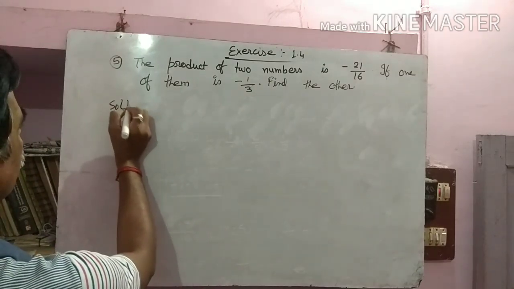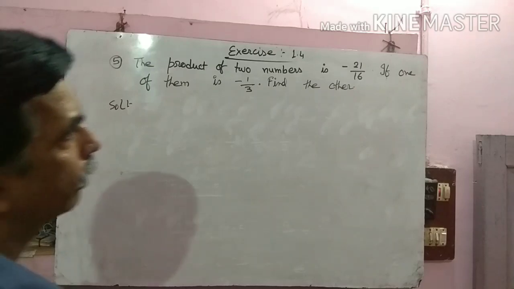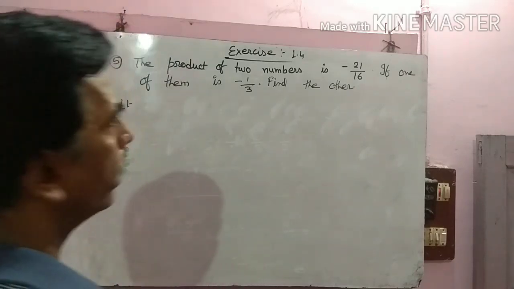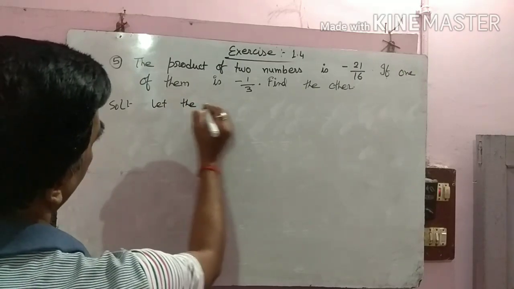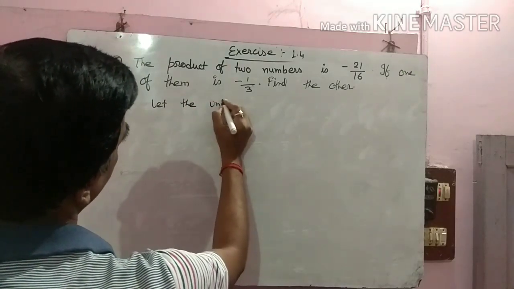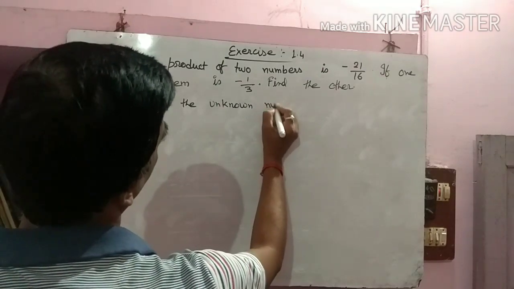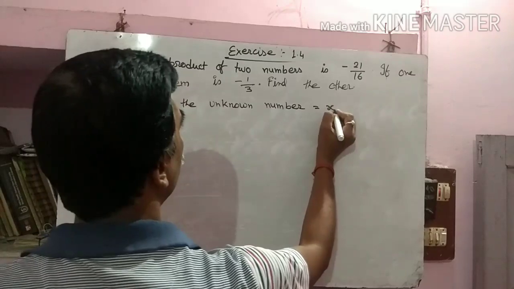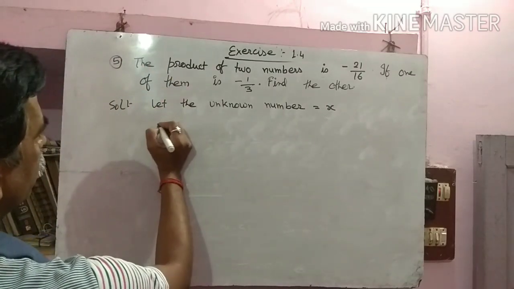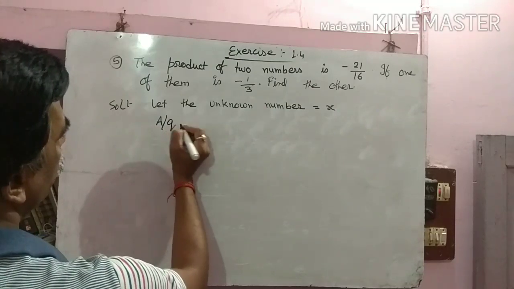Okay. So in case of solving this type of question, this is a word problem, so we have to write a statement. Let the unknown number be equal to x, then you can write according to the question.